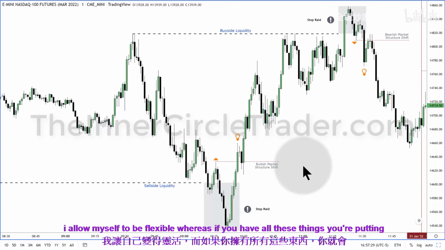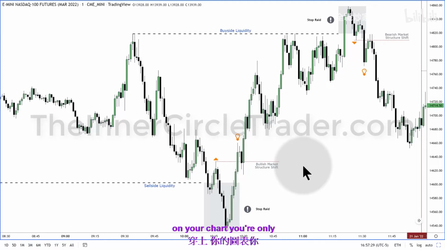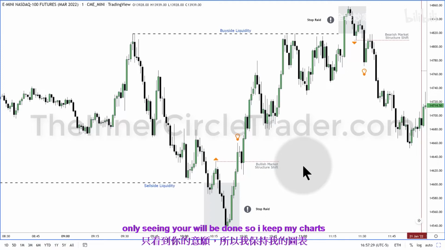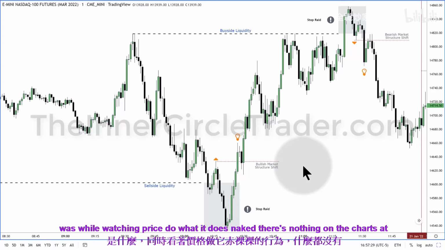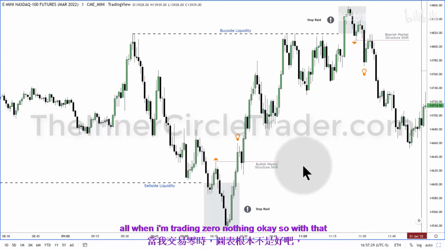You understand what I just did there? I allow myself to be flexible, whereas if you have all these things you're putting on your chart, you're only seeing your will be done. So I keep my charts clean, and then I add the annotations so my students can see what the internal dialogue in my mind was while watching price do what it does naked. There's nothing on the charts at all when I'm trading.